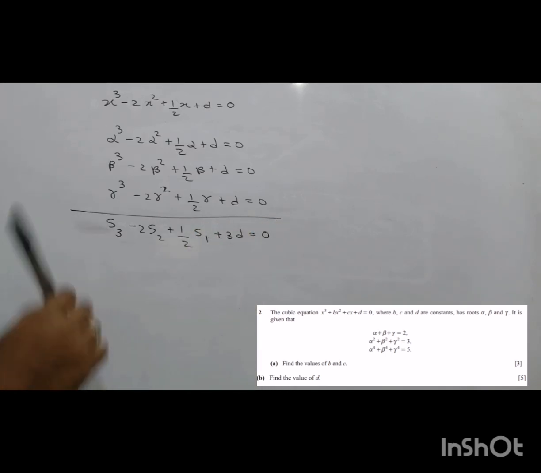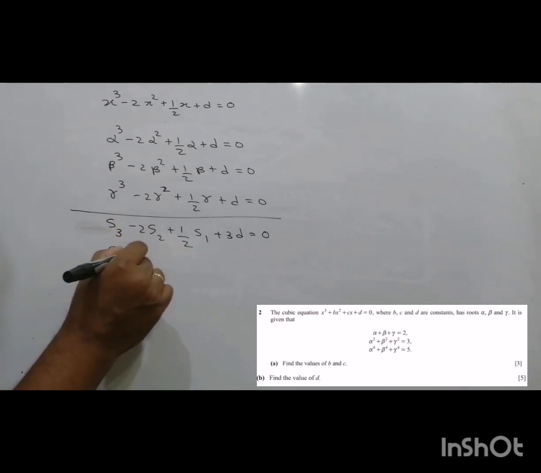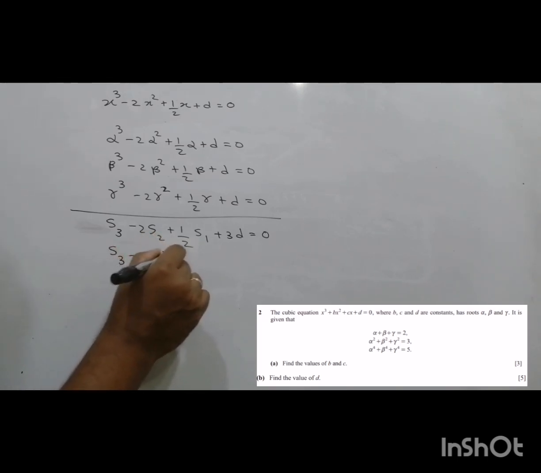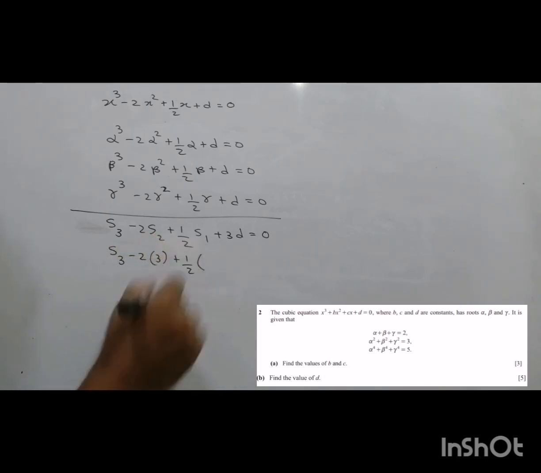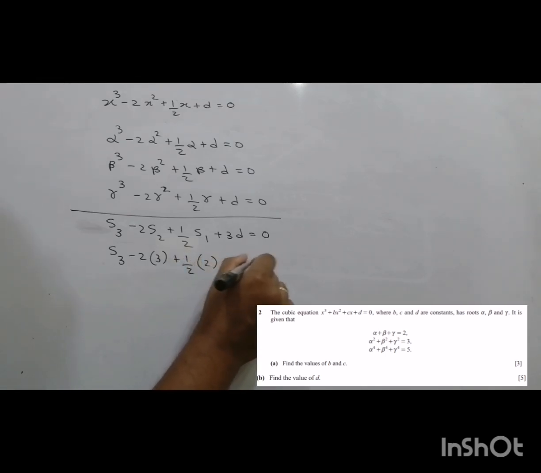Now we've been given the value of S3, no, they haven't given us S3. However, we can formulate an equation here, so S3 minus 2 S2, S2 is 3, plus half S1, S1 happens to be alpha plus beta plus gamma, which is 2, plus 3D is 0.